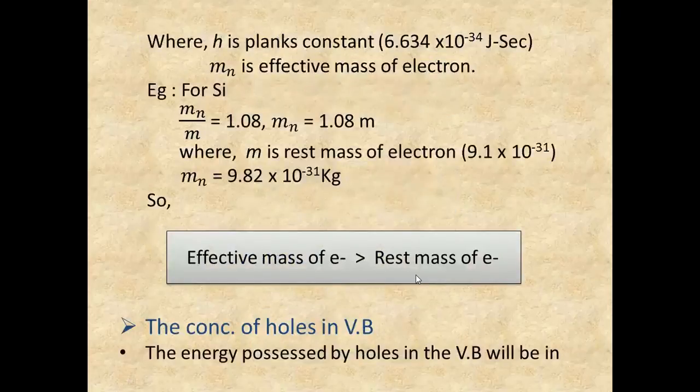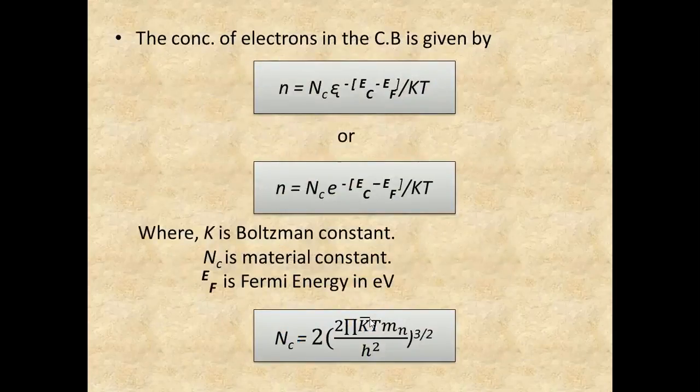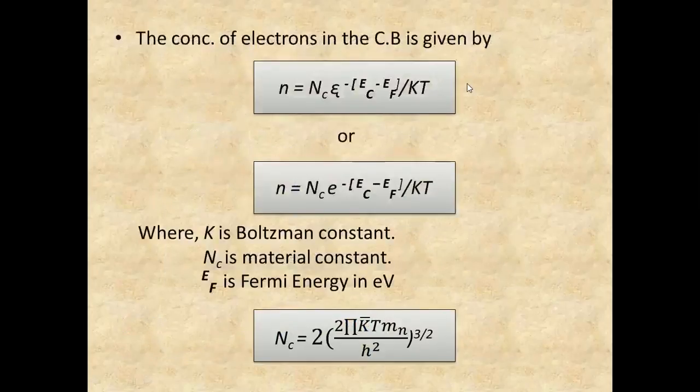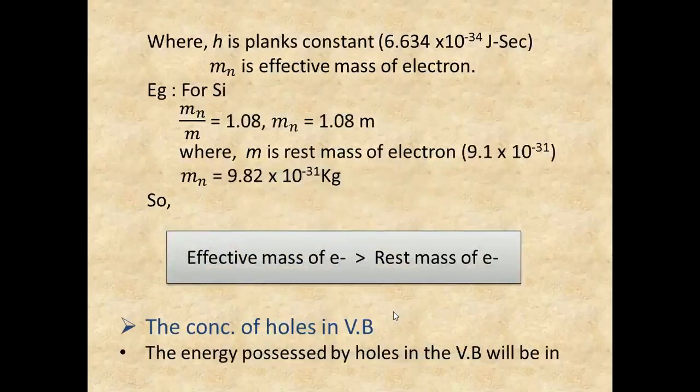In the above formula, h is Planck's constant, and you have to remember the value of Planck's constant and its unit, of course. m_n is your effective mass of electron.